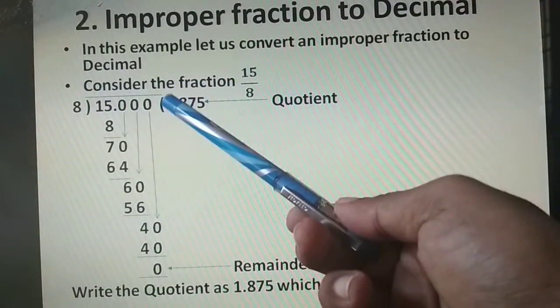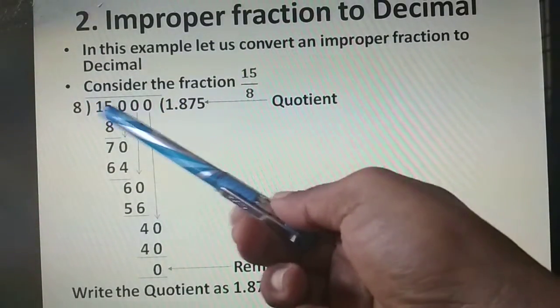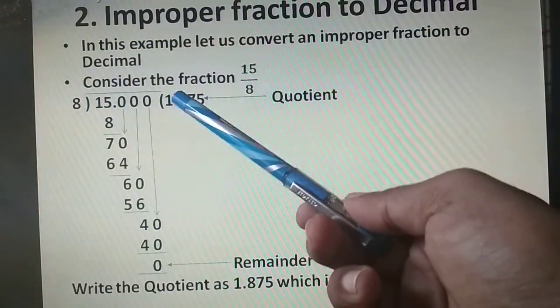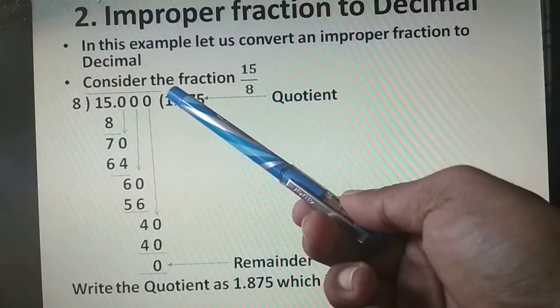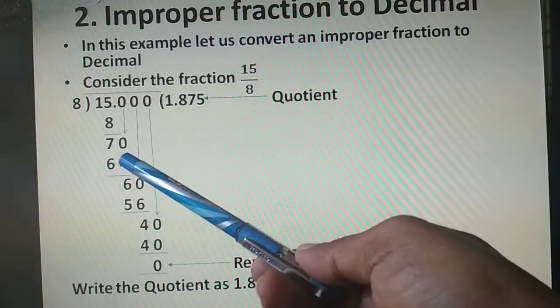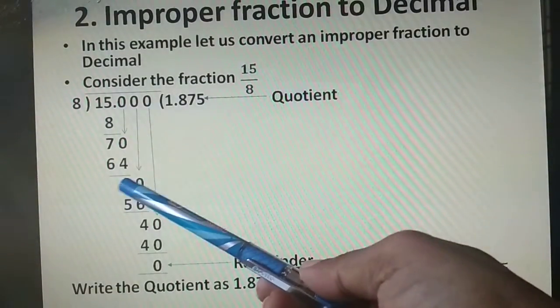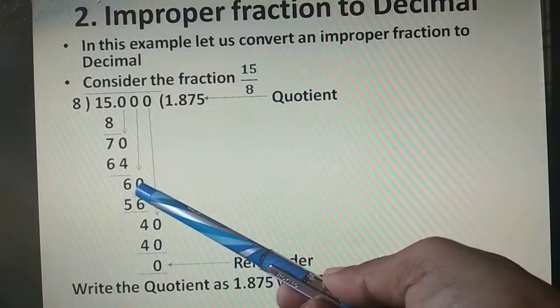So be careful to put the decimal point here also. As you put it here, you should put it here also. So 1.8 will be there. 8 8s are 64. Subtract 64 from 70, and you will get 6.